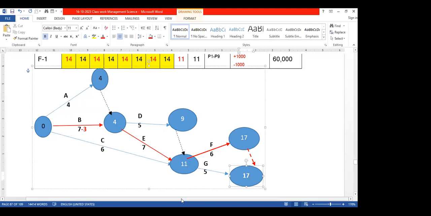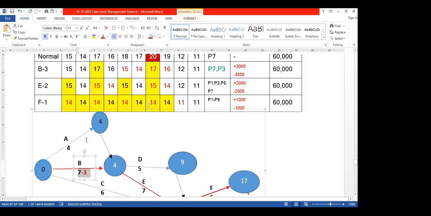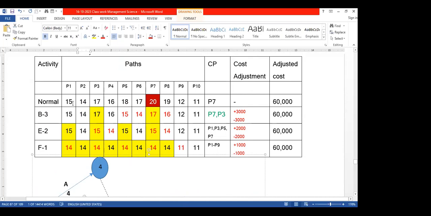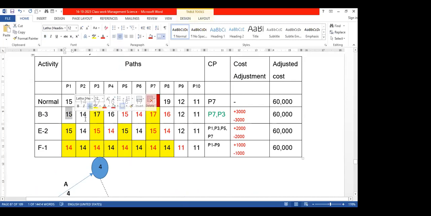So now we have to look into the cost effect. By reducing these 3 days, what will happen? Here activity B is not there, part 1 same as 15. Here same as 14. Here 17, no change because activity B is not there in that part. Here no changes. Here 18 minus 3, 15. 17 minus 3, that is 14. 20 minus 3, that is 17.